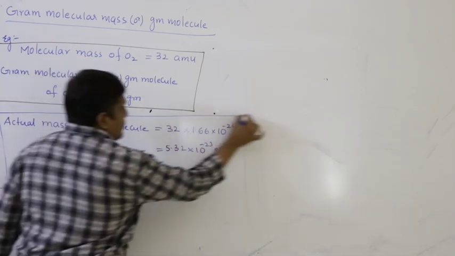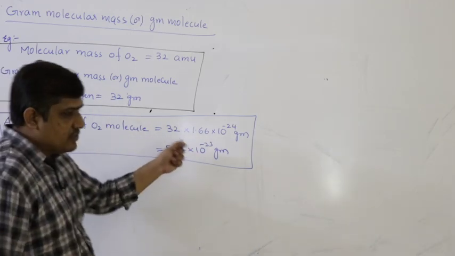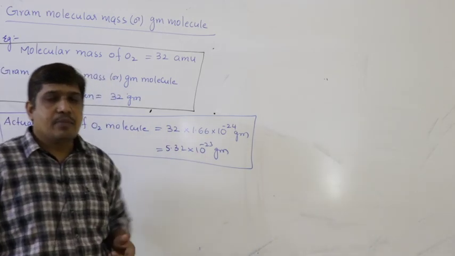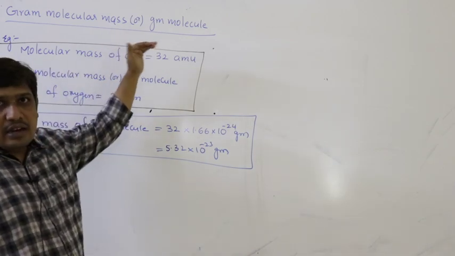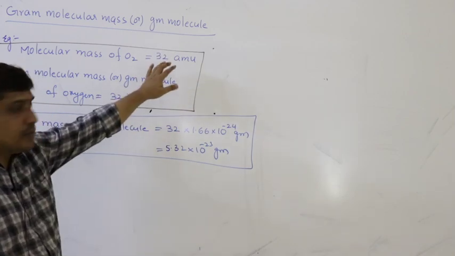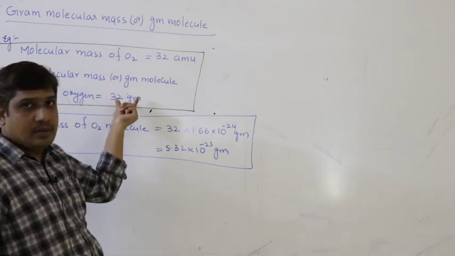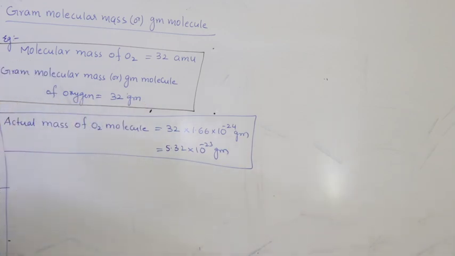So, do not get confused again, this is the actual mass, this number is very small, appears to be insignificant. So, we express relative mass, but the relative mass units are not balanced. So, we express the relative mass numerical value in grams, it becomes gram molecular mass or 1 gram molecule.